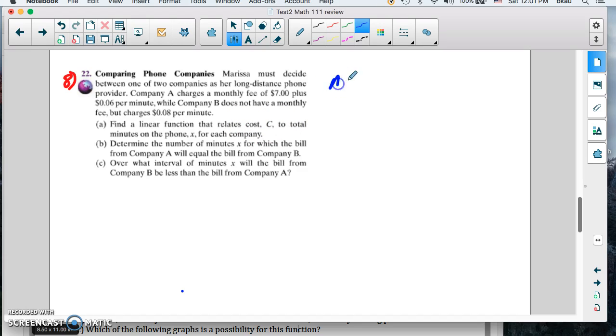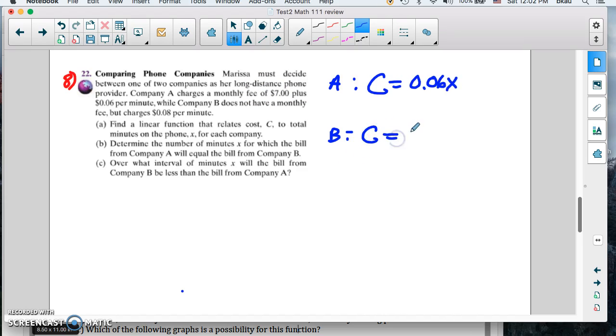We have A and we have B. So cost here is going to be your minutes, how many minutes you're charging. On the first one you're charging 6 cents a minute, so it's 0.06 for every minute.